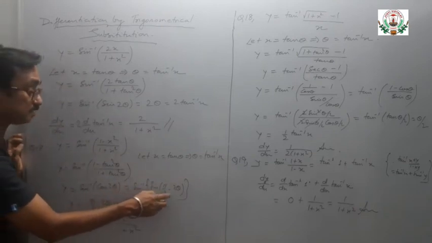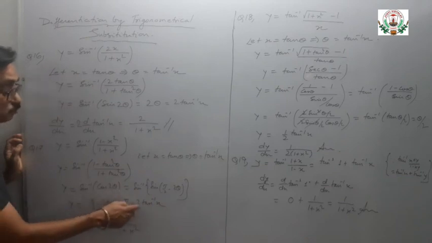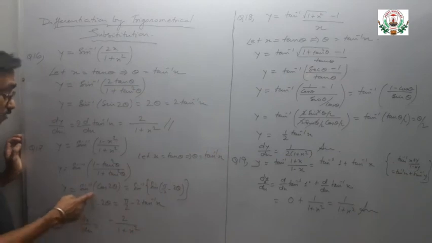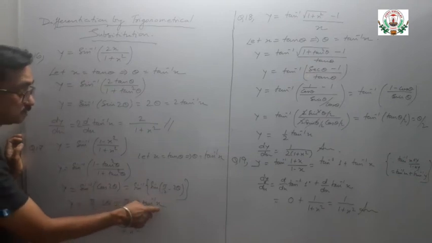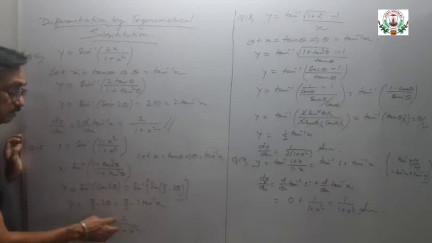Here sine inverse of sine of 90 minus 2 theta becomes pi by 2 minus 2 theta, and theta is tan inverse of x. So dy by dx: differentiating pi by 2, a constant, gives 0, and differentiation of 2 tan inverse x gives 2 upon 1 plus x square, with a minus sign.